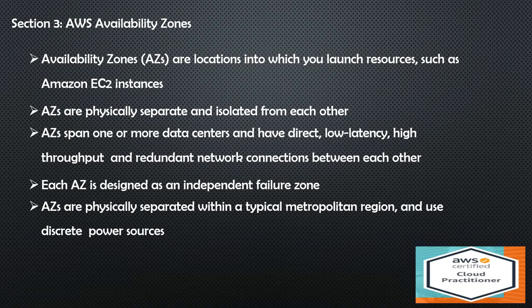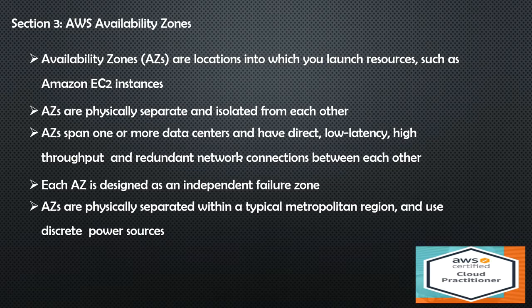You select in the dashboard which region or which AZ you want to launch your EC2 instance in. AZs are basically the DCs, and DCs have all the hardware inside, the racks, the servers, right? The VMs where you launch. So EC2 is like a VM on the cloud.